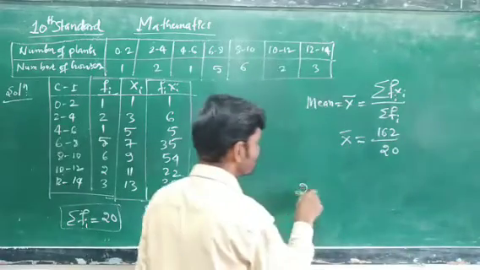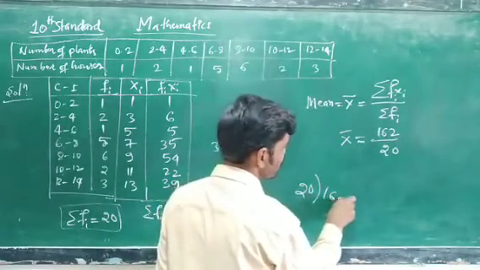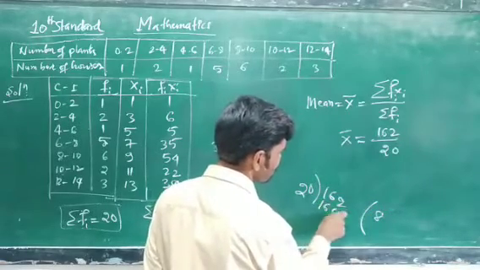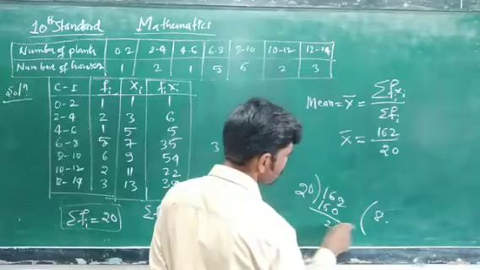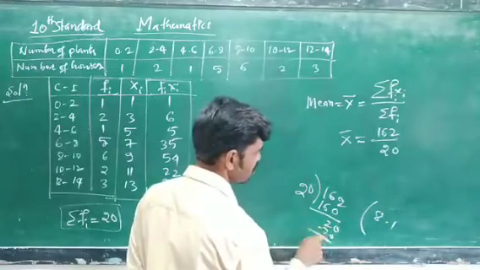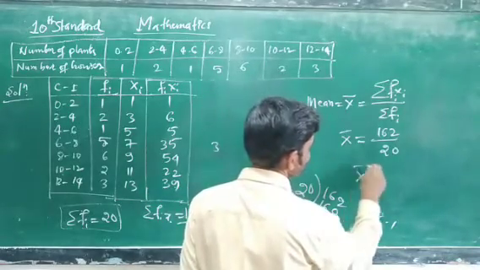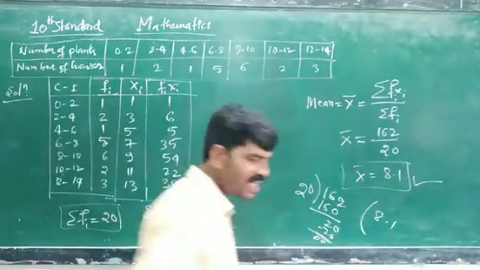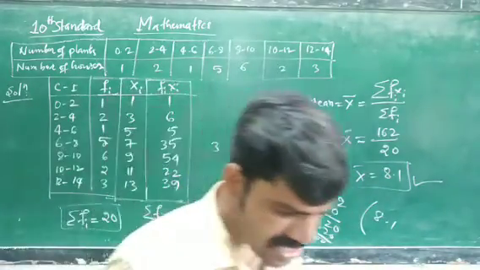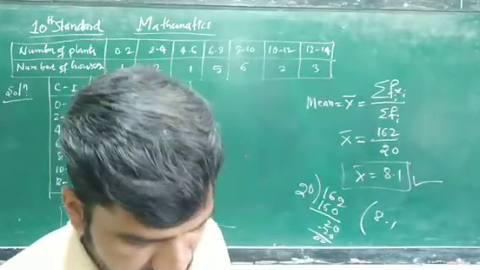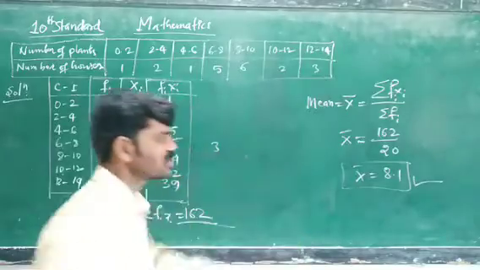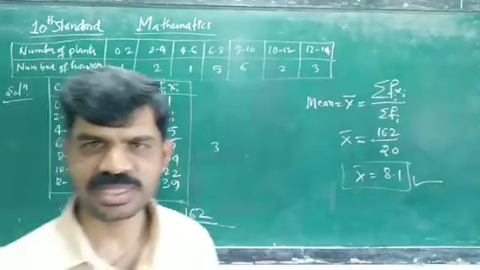If we divide 162 by 20, 8 times 20 is 160, remainder 2, so x bar is equal to 8.1. This is the mean number of plants per house. Per house there are about 8 plants.